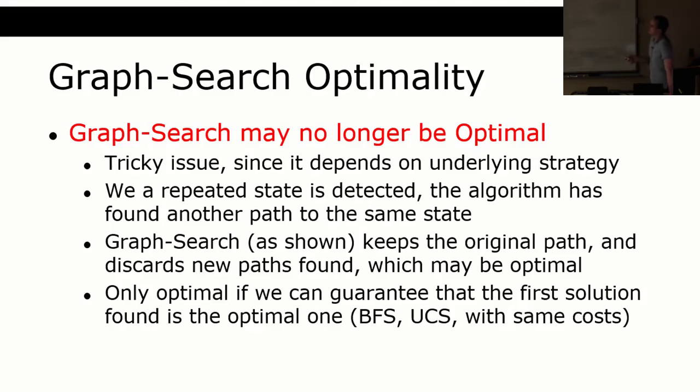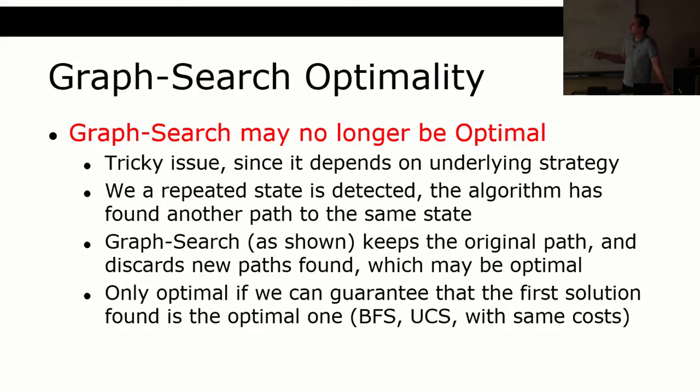So graph search keeps the original path and discards the new path. But the new path may be the better path. So it's only optimal if we can guarantee that the first solution found is the optimal one. So that means uniform cost search, that always works. Because if the first thing that we find is the optimal one, then it's still optimal.